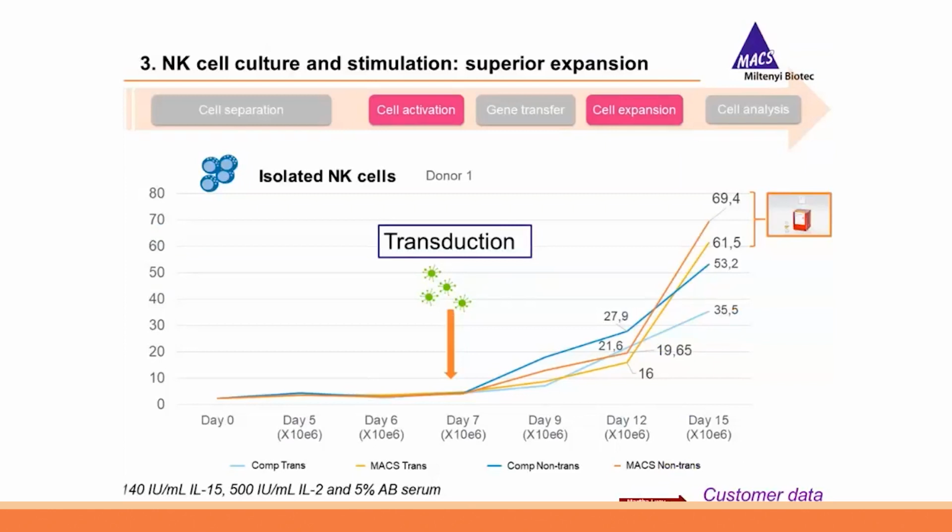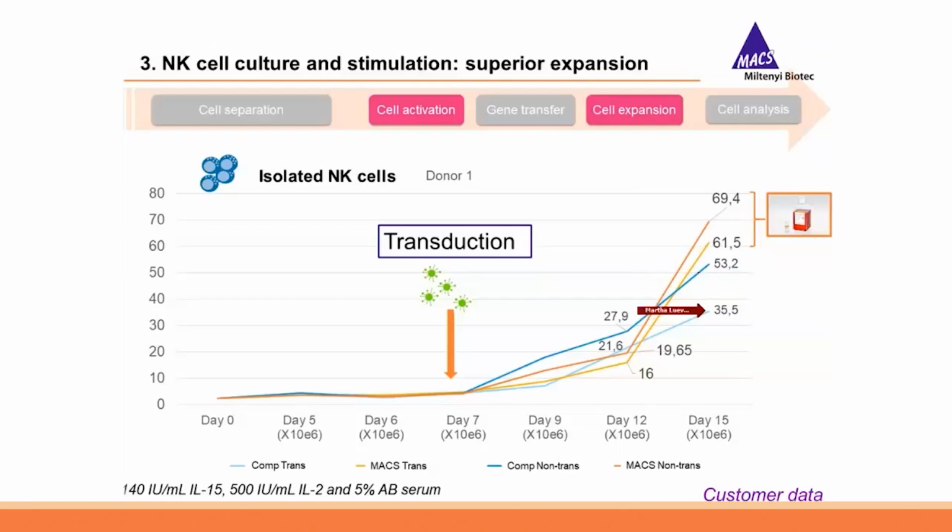In her own system, you can see that either transduced or non-transduced, NK cells are able to grow, but to a lesser extent compared to using our system. So untransduced, you got around 70-fold expansion compared to 53, but this is the most striking one. Using our system, you get around 61-fold expansion compared to 35 using the other system. This is almost double the amount, which is very important for you. Every cell will count at the end.